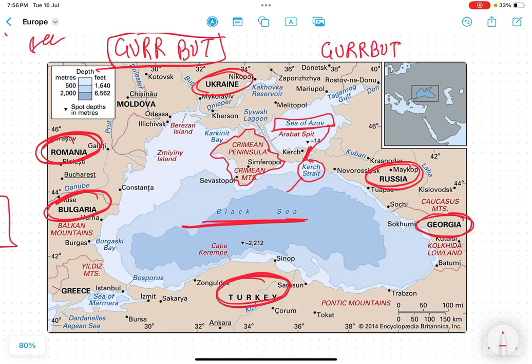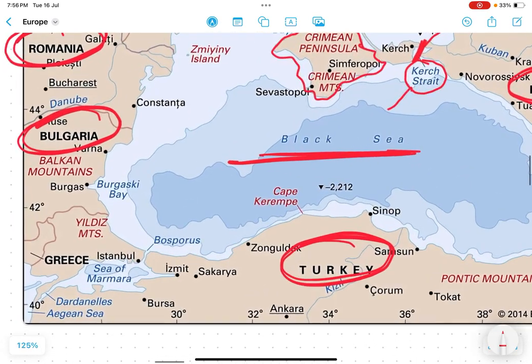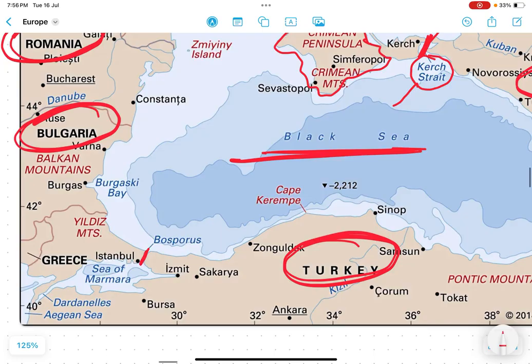Then as we have mentioned, Sea of Azov is connected to Black Sea by Kerch Strait. Similarly, at the bottom you can see that this is the Bosphorus Strait. So Black Sea is connected to the Sea of Marmara by Bosphorus Strait.